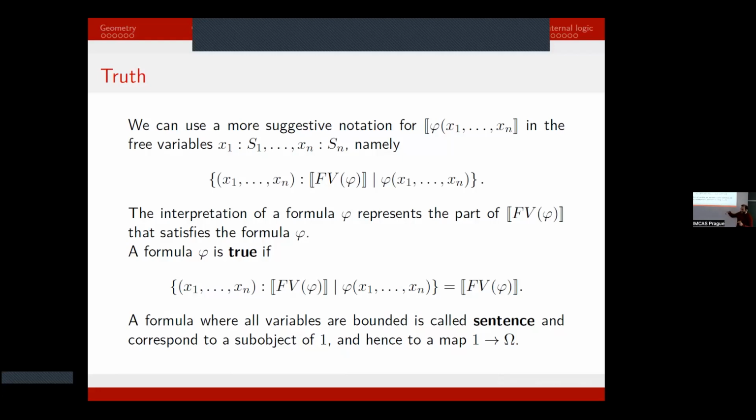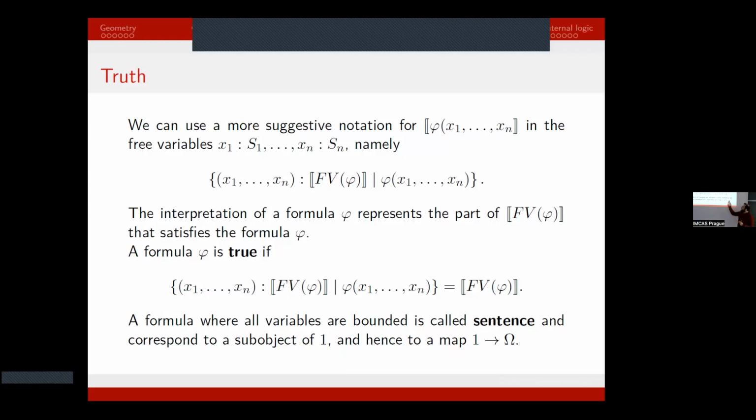Now, I will be more specific about this, hopefully more clear. But what matters is that sub-objects of one, which correspond to values of sentences, correspond by the definition of sub-object classifier to maps from 1 to omega, which means points of omega. So omega, the sub-object classifier, has as points the truth values.